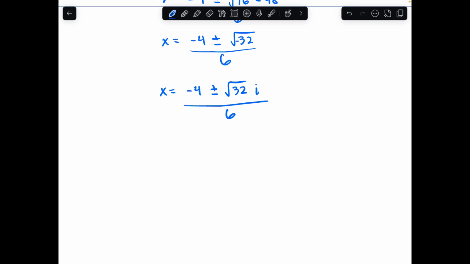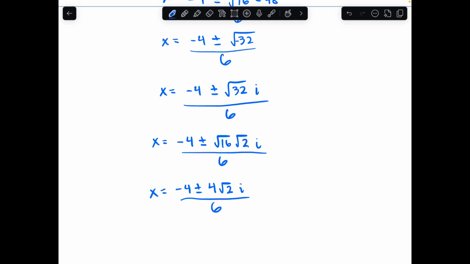And so we get x is equal to negative 4 plus or minus the square root of 16 times the square root of 2, i, and then all divided by 6. Now the square root of 16 is just going to be 4, and so we're going to get that x is equal to negative 4 plus or minus 4 times the square root of 2, i, all over 6.